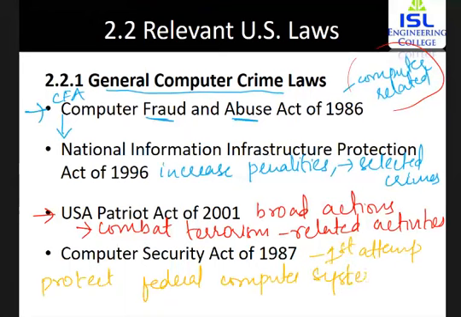How are you going to protect federal computer systems? This was done by establishing or implementing special security practices. Some policies were updated, some policies were applied so that you can protect the federal computers.